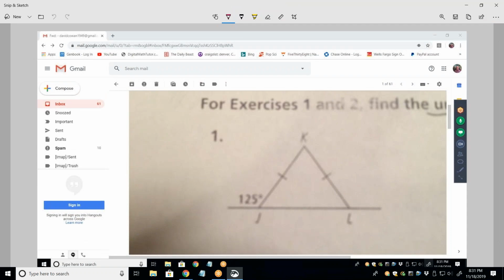Okay. So tell me what this angle right there is. Hold on. I'm trying to see if I can full screen this real quick. That's better. Okay.